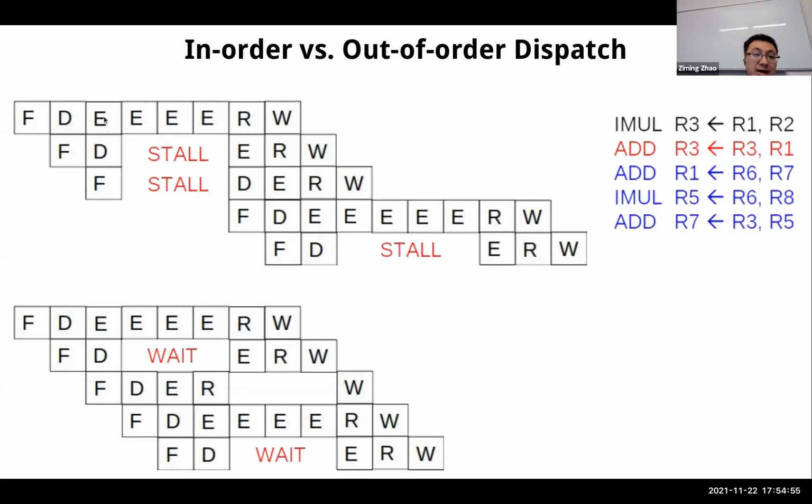Then we can use the decode unit to decode the second instruction. However, here the execution unit is still working on the first instruction, so we cannot do anything. We have to wait 3 CPU cycles, then we start execution. However, the second instruction is simpler, so it only costs 1 CPU cycle to execute.